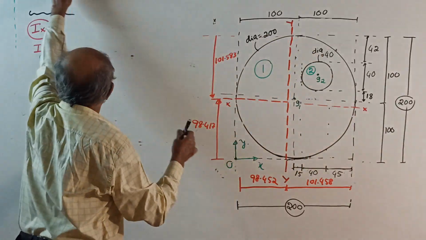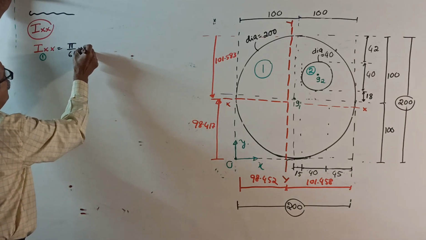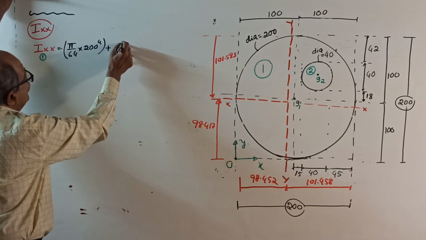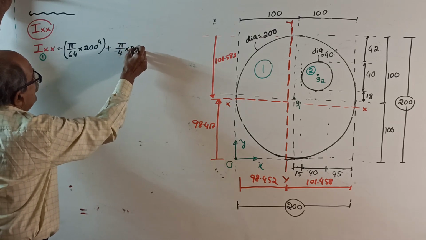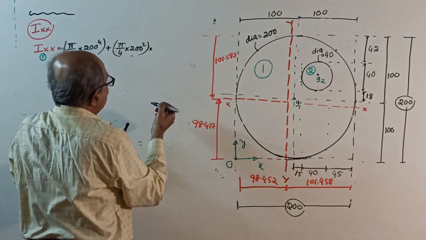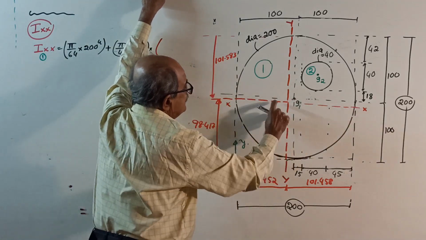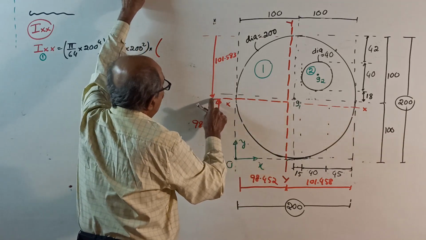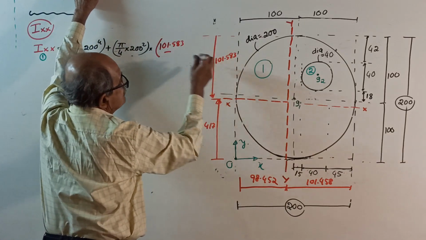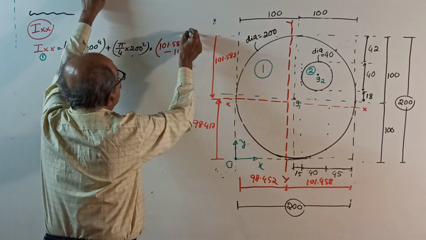For a circle, I is pi by 64 into diameter to the power 4, 200 to the power 4, that is Ig, plus area, pi by 4 of 200 squared is the area, into the square of the distance from centroid G1 to the x-axis: 101.583 minus 100, or 200 by 2, whole squared.